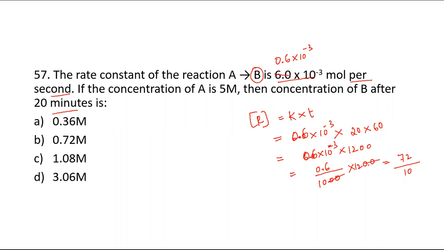So 2 zeros cancel. 0.6 by 10 is 0.06 into 12 is 0.72. Or else here you can take 0.6 into 12 is 7.2 divided by 10, that is nothing but 0.72 molar is the concentration of B. Therefore option B is correct.